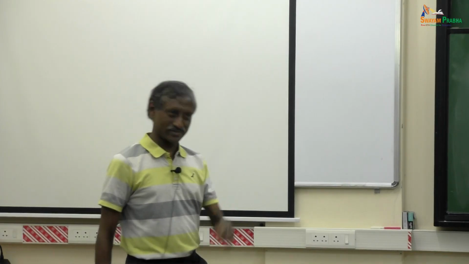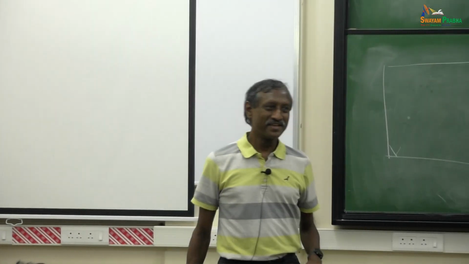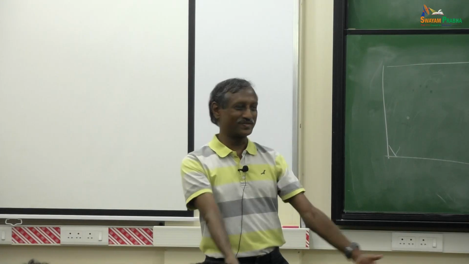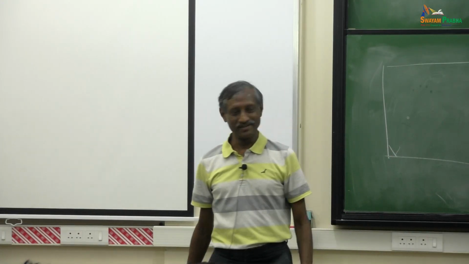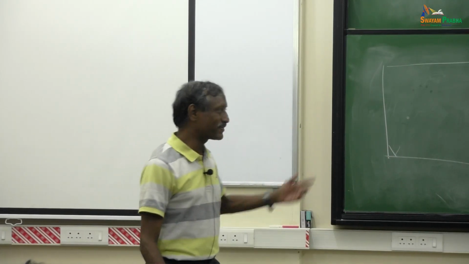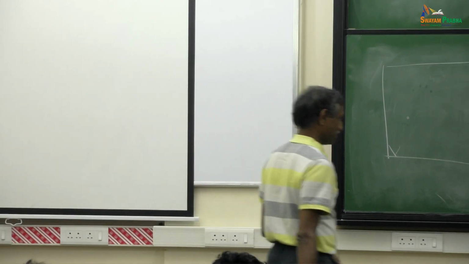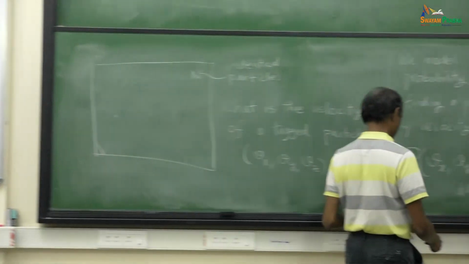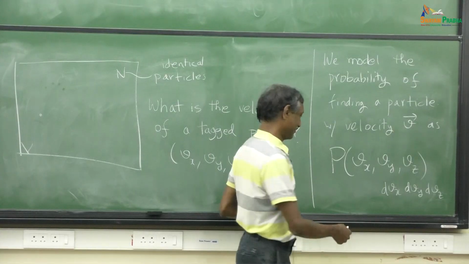Coming attractions. I need a few more things to describe this gas, and yes, absolutely right. We expect them to be independent. Since you said it, maybe I will write that.